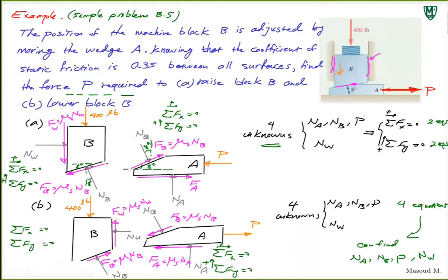Now, in reality, you mostly see forces as distributed loads, when you have two surfaces in contact. If you think about the normal force here, NA, that normal force is actually a distributed force.